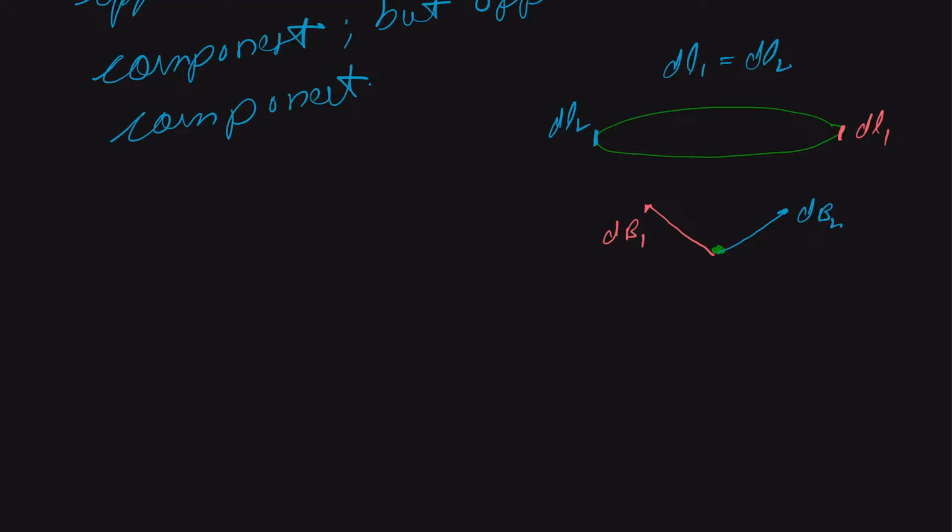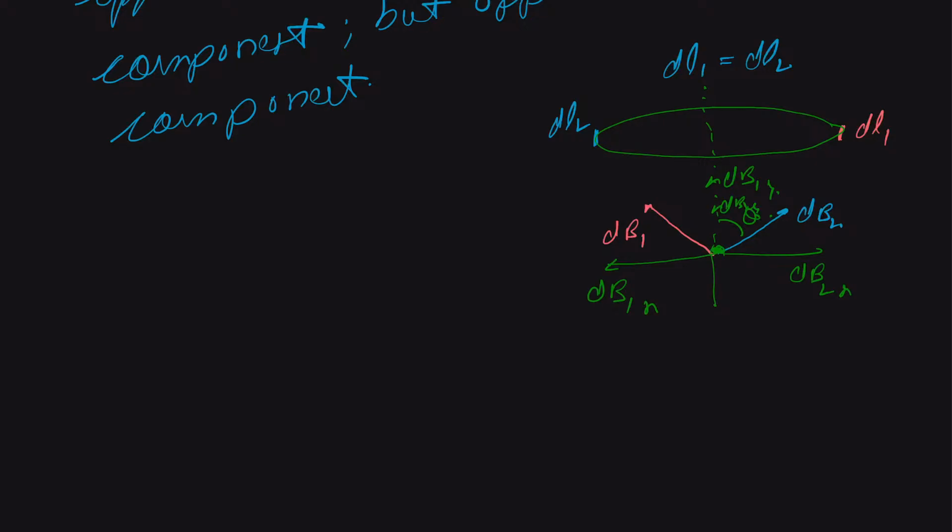If we divide it into the two components, this angle is theta, so this will be db1x and this will be db2x, and this will be db1y as well as db2y.